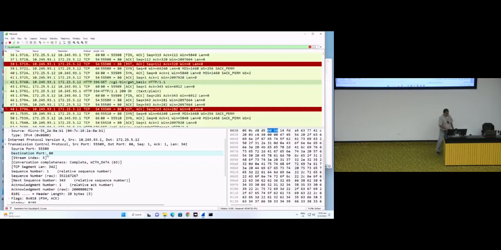Okay, so look at the source port. The source port is 55509. So what do you think that is? Again, we haven't learned this, but this is kind of getting your hands dirty quickly. Port numbers address processes. So 55509 is the ID of which process? Can anybody tell me?